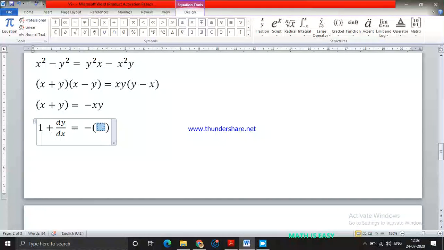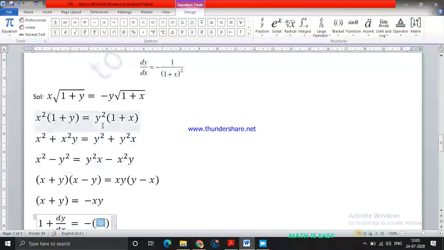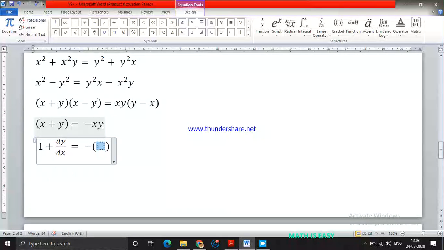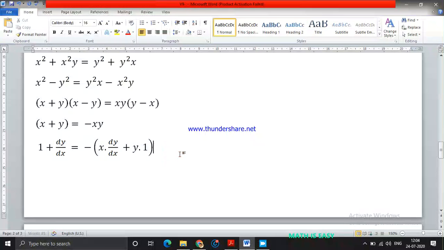What do you get with the uv formula? u into derivative of v plus v into derivative of u. You get u into derivative of v, that is dy by dx, plus v into derivative of u, that is derivative of x is 1.